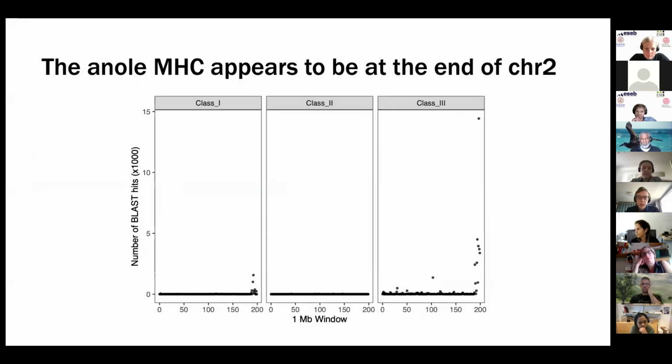And when we separated into class 1, 2, and 3, we see that they're actually at the very end of the scaffold, which could indicate that it's just an assembly issue. The actual chromosome goes on for longer, but we've only been able to assemble it to this point with the genomes that we have right now.